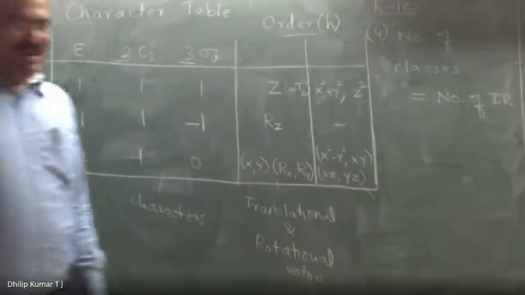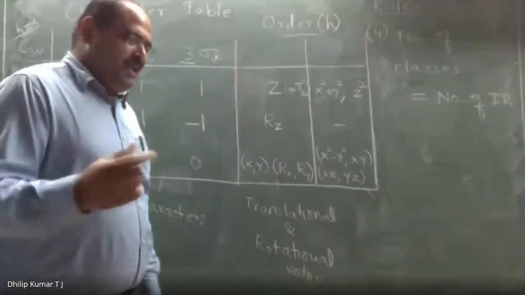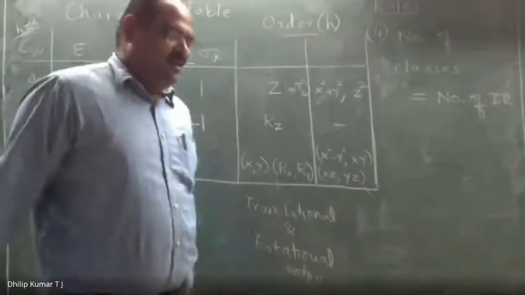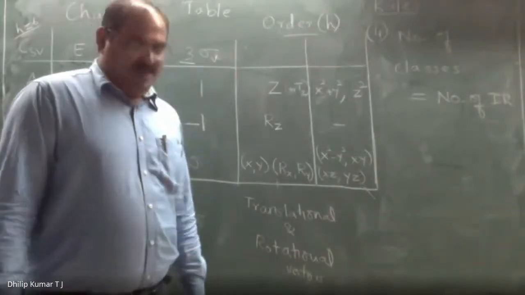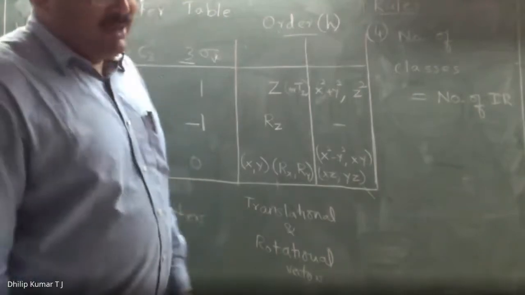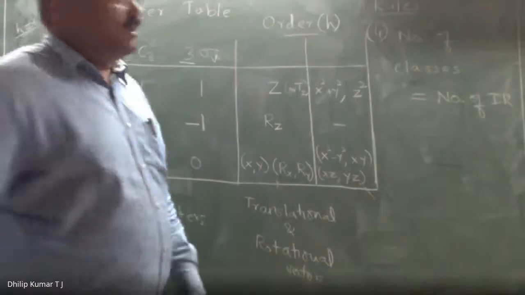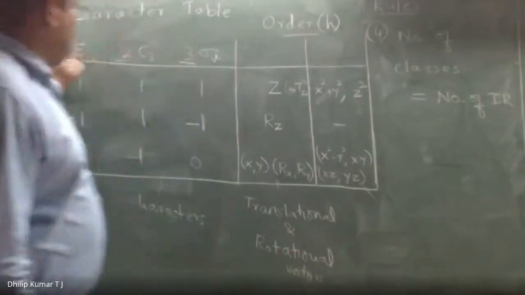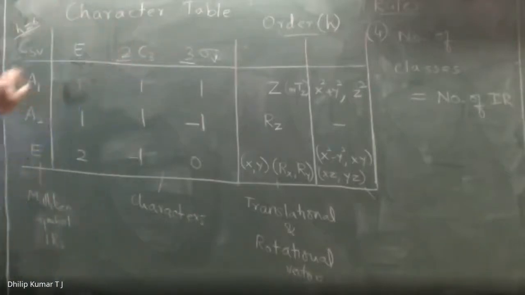Then if you perform it with sigma V as your conjugate element, you always get sigma V prime or double prime. So you got 3 classes in the case of the C3V point group, and the number of classes in a character table is equal to the number of IRs.